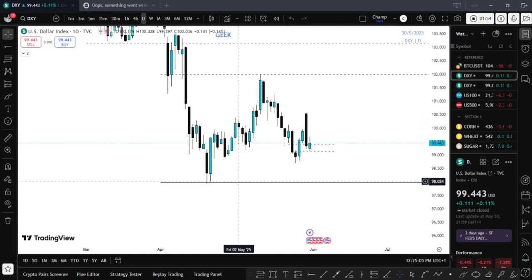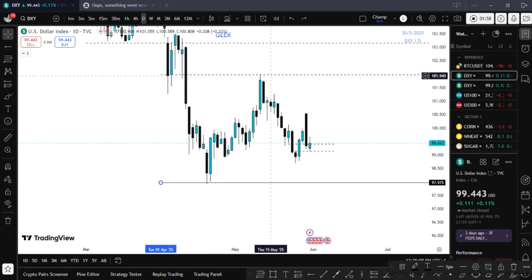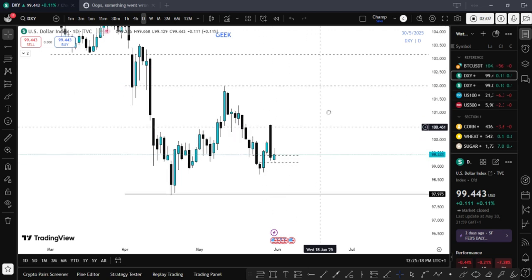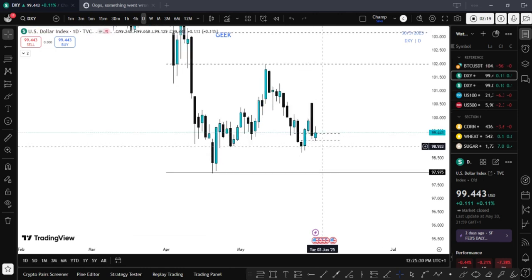Price could sell for this low and continue going because price is at equilibrium on this range. But at the same time, price could be rallying back for this weekly fair value gap. It will depend on the reaction of price here. But I think price could be selling looking at how this is an engulfment, a bearish engulfment. So the reaction from here is going to be key on I think the beginning of this week, knowing that this will also be NFP week. Okay, we have this as DXY.